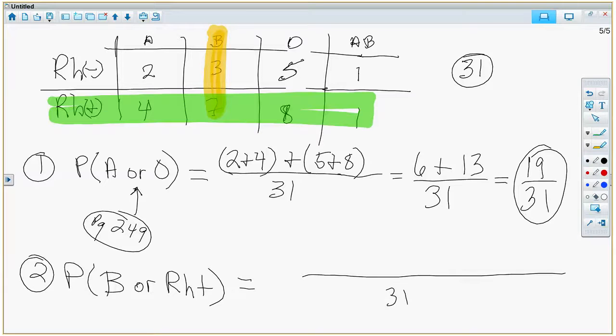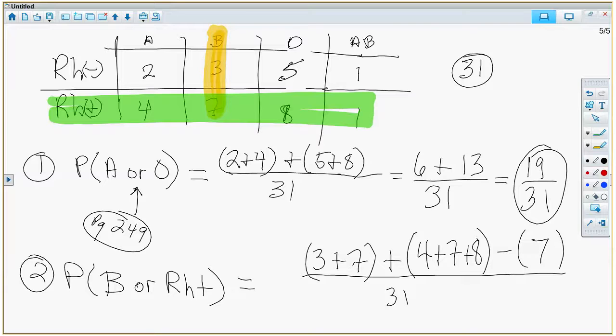And then I'm going to take 3 plus 7 plus 4 plus 7 plus 8.